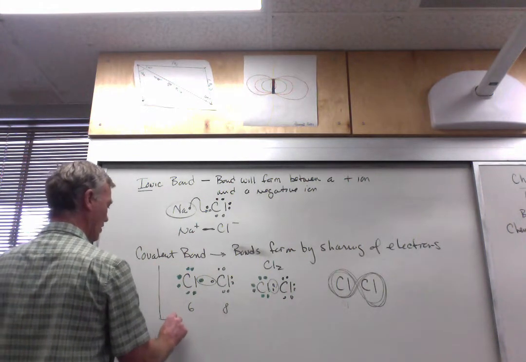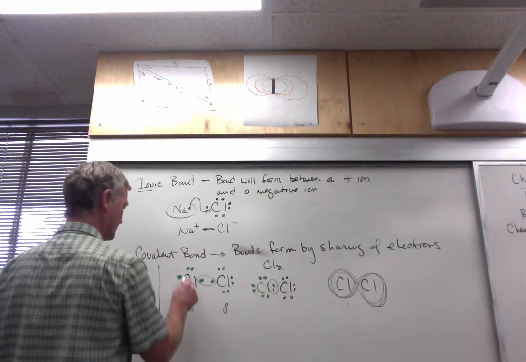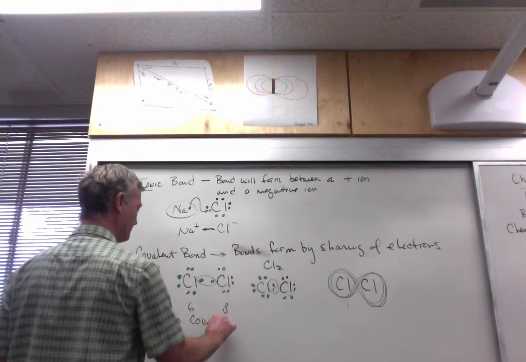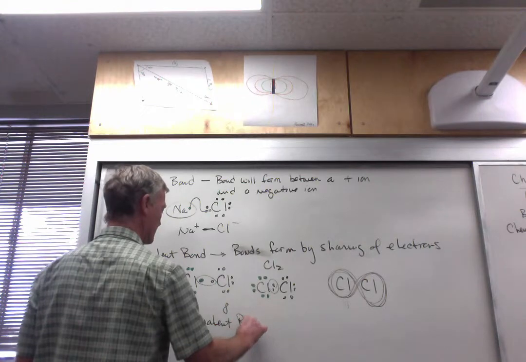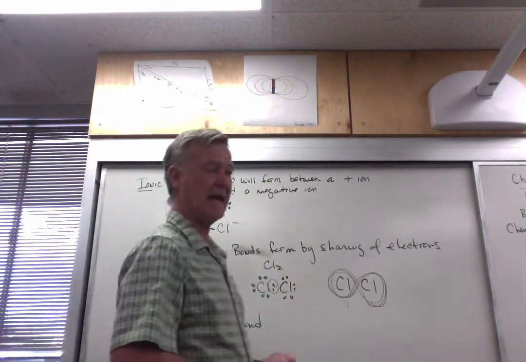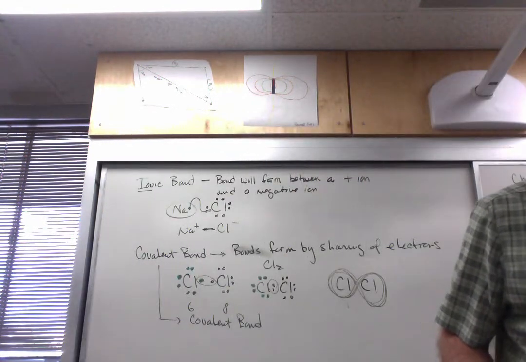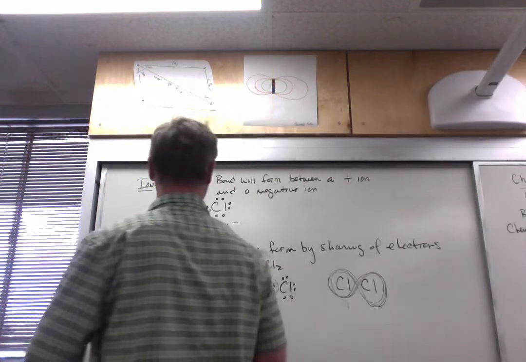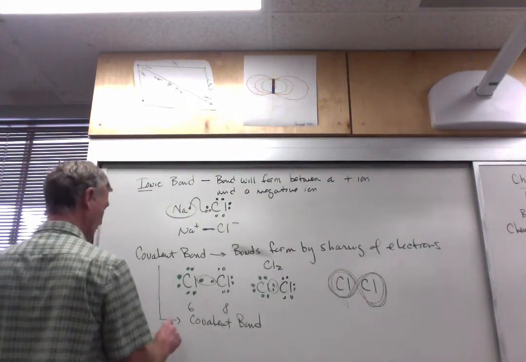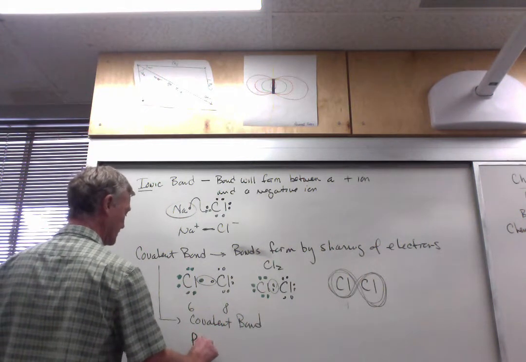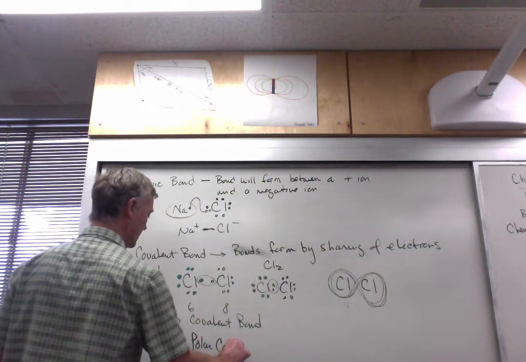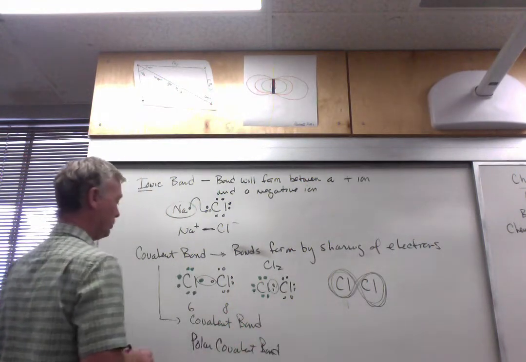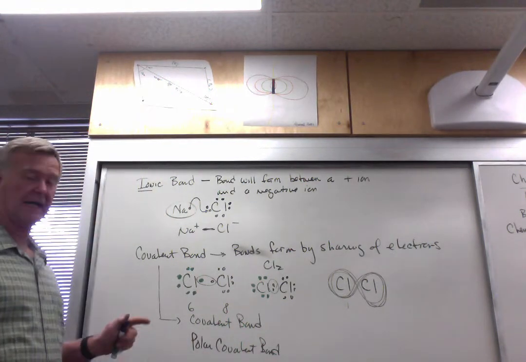There's a covalent bond that is called just that, covalent bond. And there's a type of bond which is called a polar covalent bond. So there's actually two different types of covalent bonds. Polar covalent, and covalent.